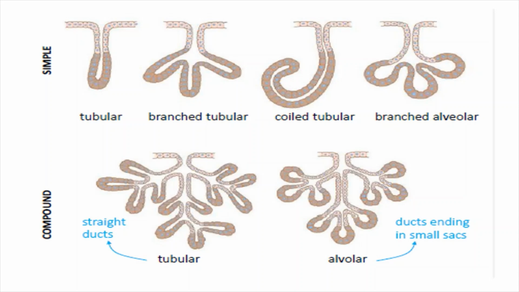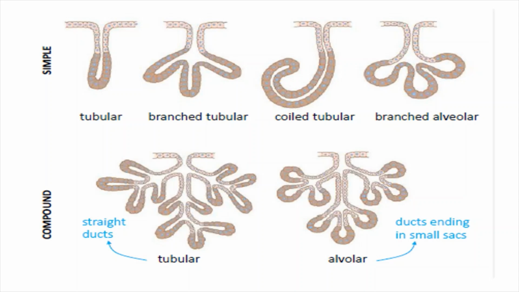This one here, the secretory portion is oval shaped. So when it is oval shaped, we say it is acini or alveoli. So this is a branched alveoli gland. As you can see, this gland here is highly branched.